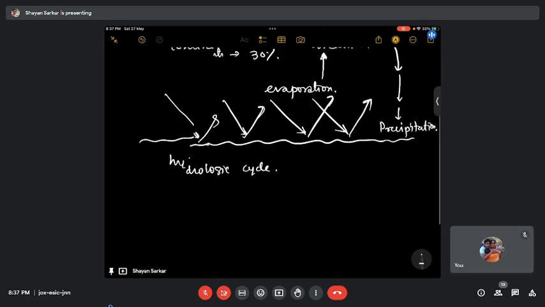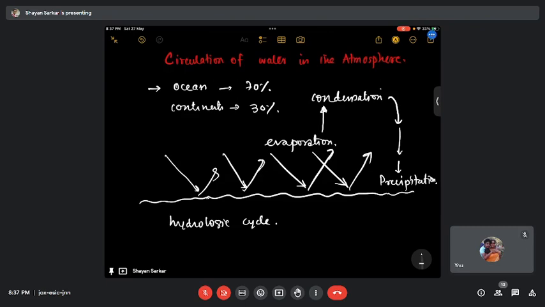Okay, but this process is of course very much complex, because before reaching the earth's surface, these down-trickling waters are getting back into the atmosphere again and again, and some of the remaining parts are coming down, and before reaching the earth's surface it is interacting with trees and all, and again they are going back to the atmosphere, and only a few part of it is coming to the earth's surface.